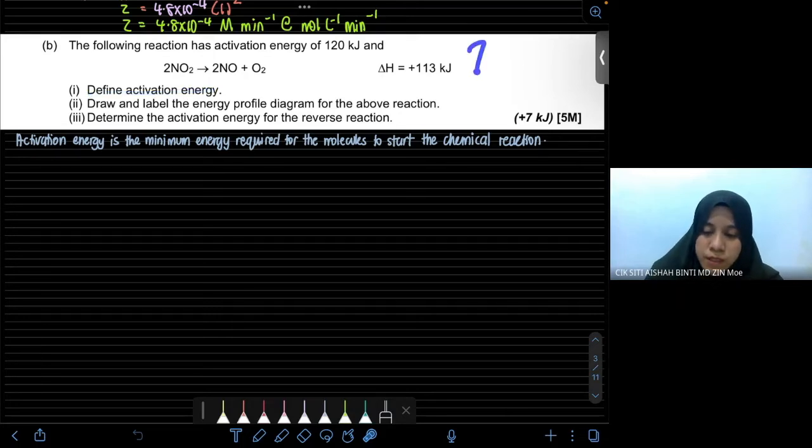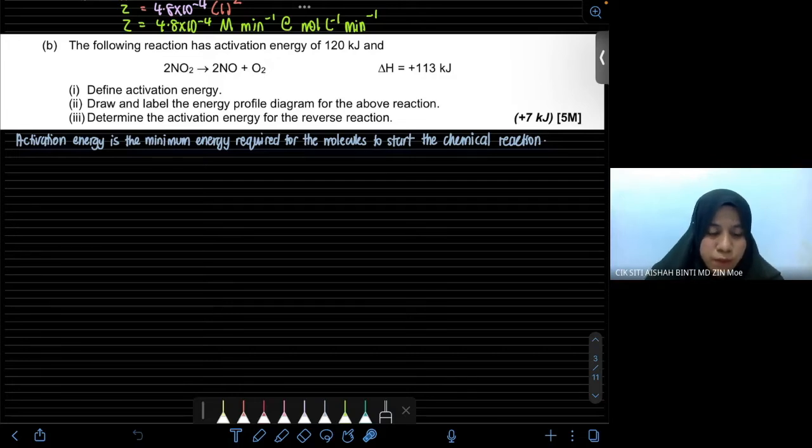This is from your chapter 1.2. To define activation energy, this is copied exactly from our notes. Activation energy is the minimum energy required for the molecules to start the chemical reaction. Okay, so that is for question 1.